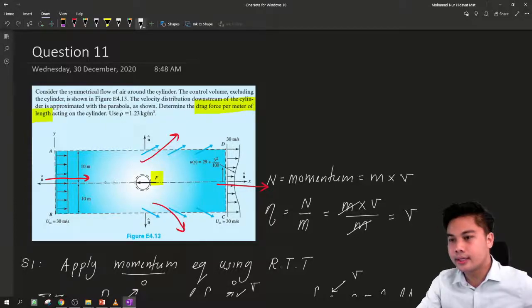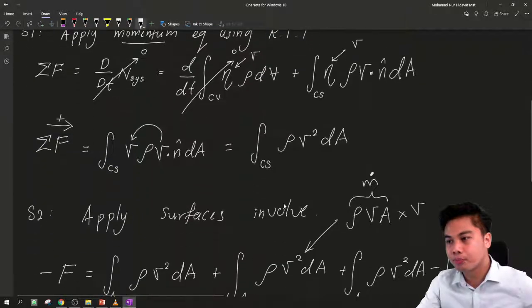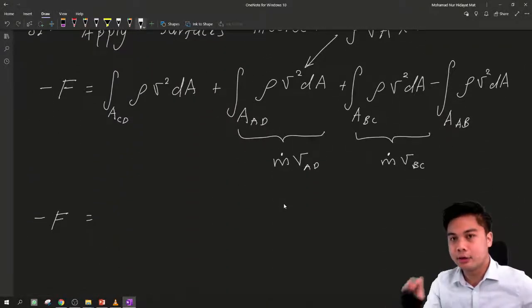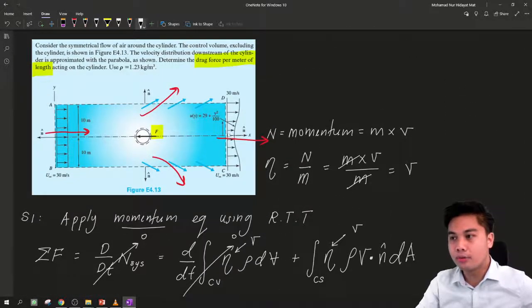And look at here. It is given that from the center to the top is 10 meters. So it starts with 0 here as the reference, and we shall integrate from 0 to 10 meters. How about the other side? We have to multiply by 2 to ease our calculation.